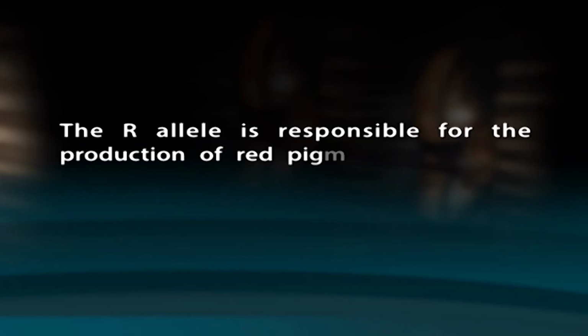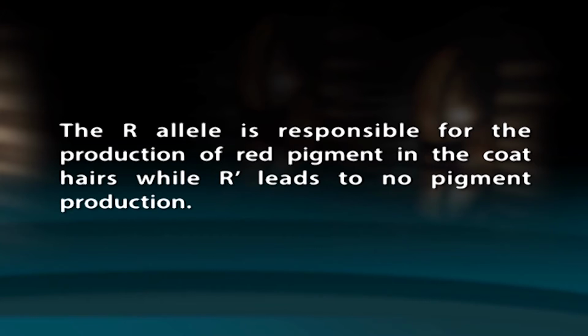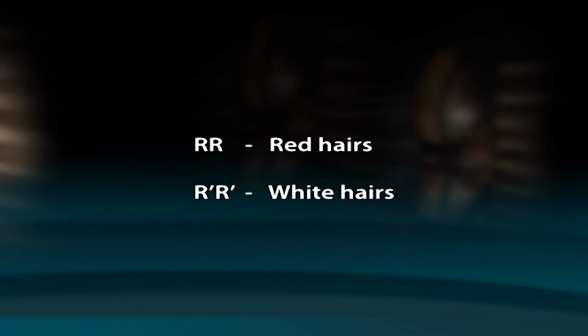The R allele is responsible for the production of red pigment in the coat hairs, while R prime leads to no pigment production. There are alleles for red and white hair in roan cattle. Animals with the genotype RR have red hairs. Animals with the R prime R prime genotype appear as white haired.